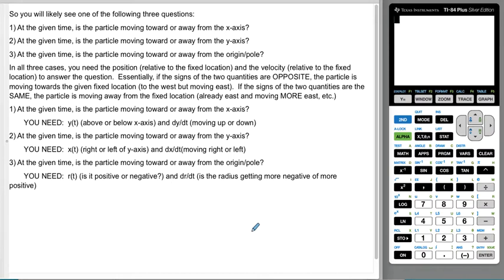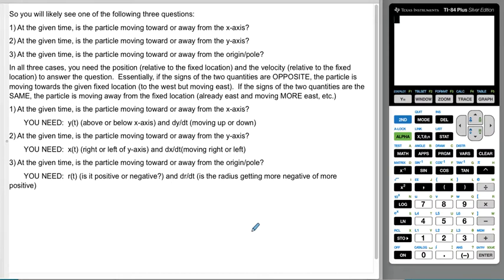So you'll likely see one of these three questions at some point on your AP exam. At the given time, is the particle moving towards or away from the x-axis? At the given time, is the particle moving towards or away from the y-axis? Or at the given time, is the particle moving toward or away from the origin/pole?